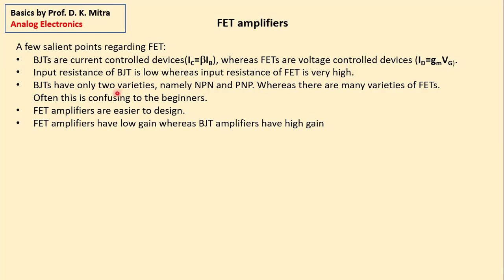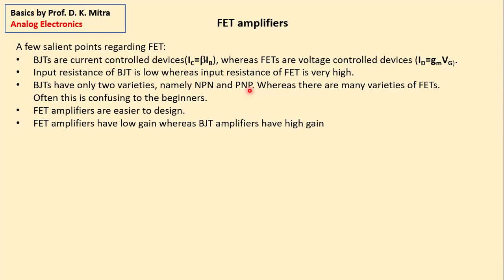Next point is a circumstantial point. Neither FET is at fault, nor BJT. BJTs have only two varieties, NPN and PNP, so it is easier for students to remember. Whereas FET has many varieties. It has JFET and MOSFET. JFET has P-channel and N-channel.